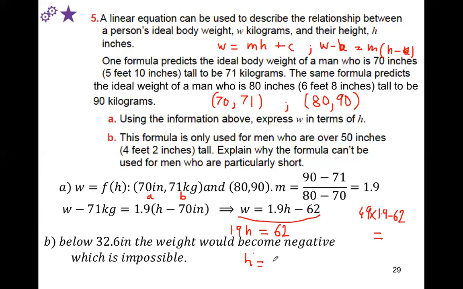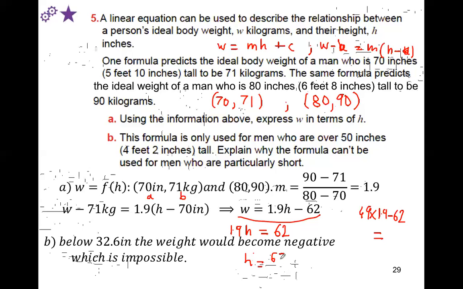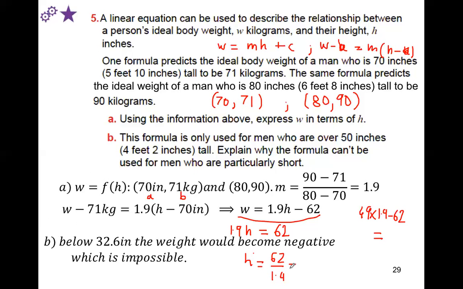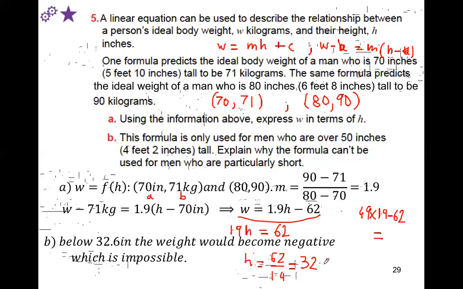What answer do we get? 32.63157. Yeah. So basically, if you are shorter than 32.6 inch, your weight starts to become negative, which is not possible.